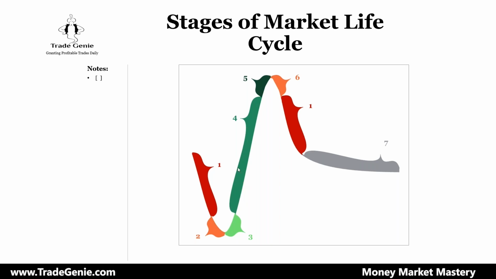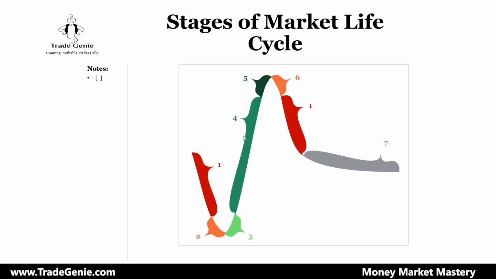From the time point of view, this is longer. But in between, it's not parabolic. There are pullbacks, a dip, a move up, then another gap, a pullback, then a rally. There are a lot of things going on in phase 4.